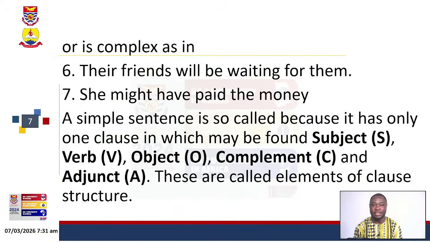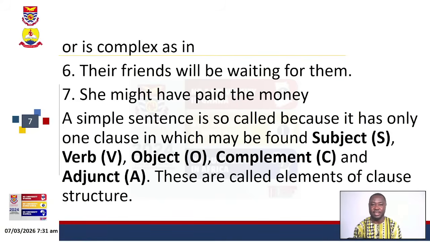You realize that "might" is talking about modality. Whether we are sure the person is coming or not, we use modal verbs. And then the "have" there is making reference to perfective or perfection, okay? So "have" is a perfect tense, and then "paid" is a main verb.